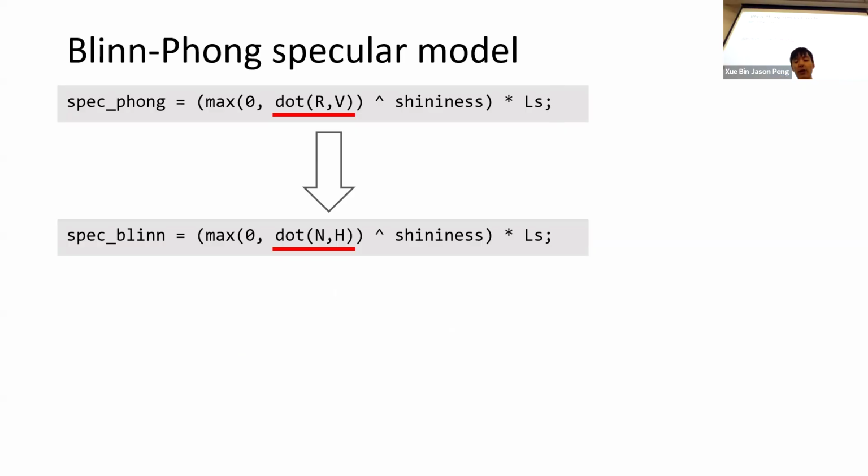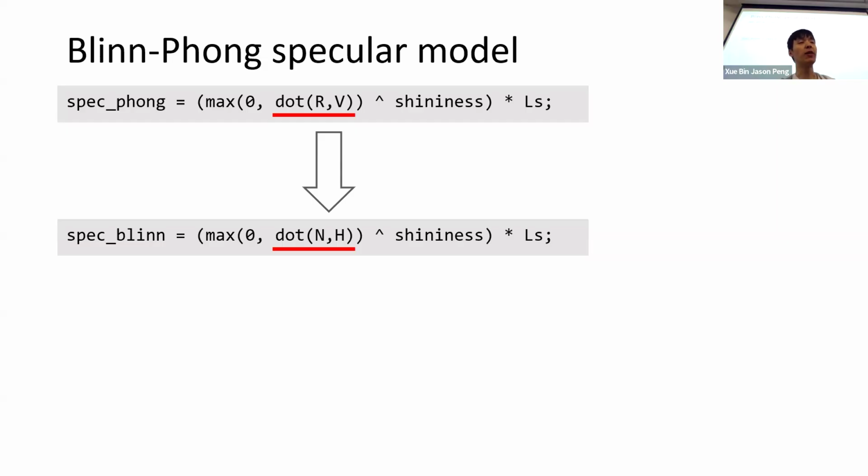With the Blinn-Phong specular model, we're going to try to fix this artifact of the Phong model by changing the way that we compute the dot product. For the Phong model, the dot product is computed between the reflection vector and the view vector.